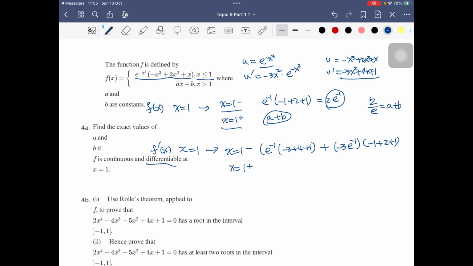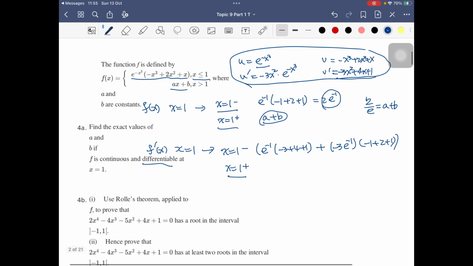So this is the derivative from the left side. So the derivative graph will follow the result of the product rule, it will follow that function, and it goes to 1. And from the right side, this follows from here, and they should meet together.